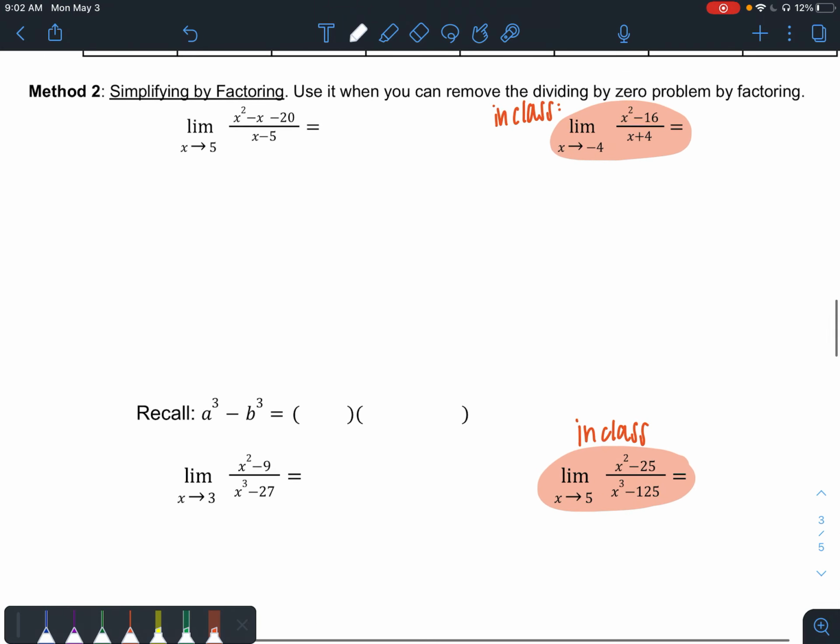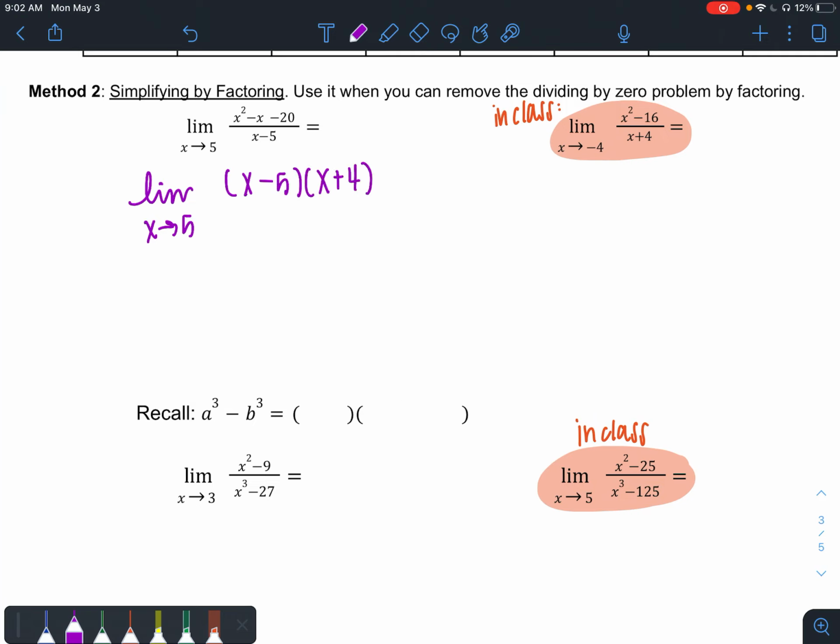So this next method is simplify by factoring. We're going to factor, simplify, get rid of the denominator, nothing too difficult. So this is going to be the same thing as the limit as x approaches 5, and then two numbers that add to be negative 1 but multiply to be negative 20. So x minus 5 times x plus 4. I do need to write it as the limit until the very end, until I take that limit.